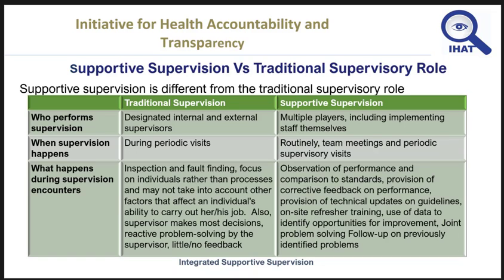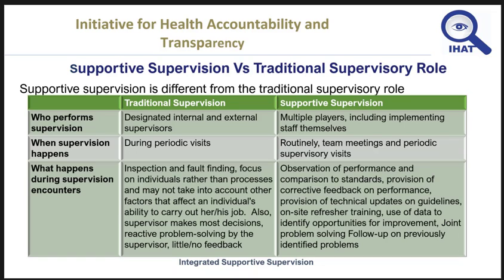Looking at the area of where supervision happens, in the traditional supervisory process, supervision is usually a periodic visit and not a routinely or well-scheduled visit. In supportive supervision, supervision is carried out routinely, and there are team meetings and periodic supervisory visits usually conducted.